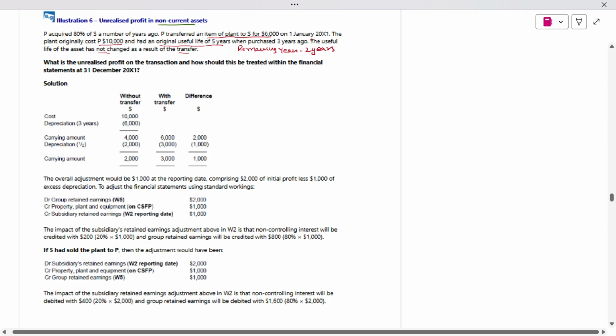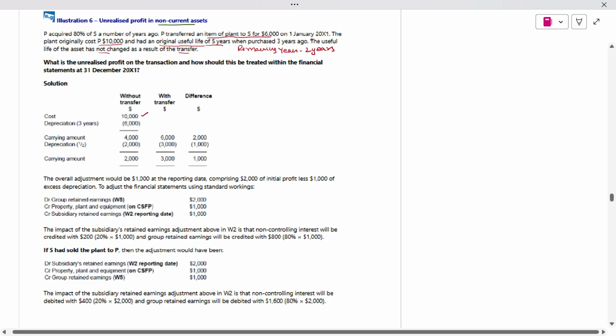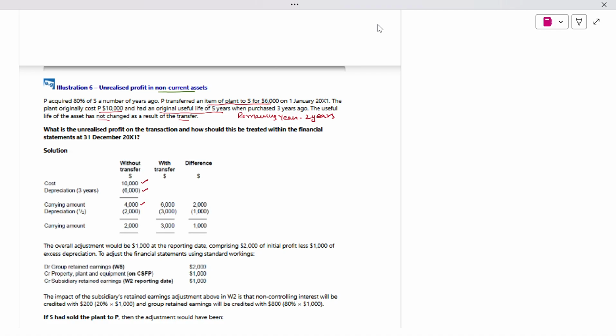Okay, what is the unrealized profit? We are only talking about the plant and machinery. How much is the value? 10,000. They have calculated depreciation for 3 years. Depreciation is depreciation. Now what is happening? This is very important.